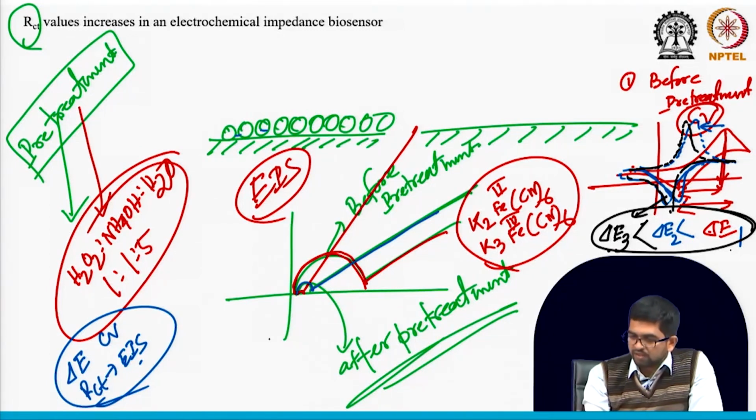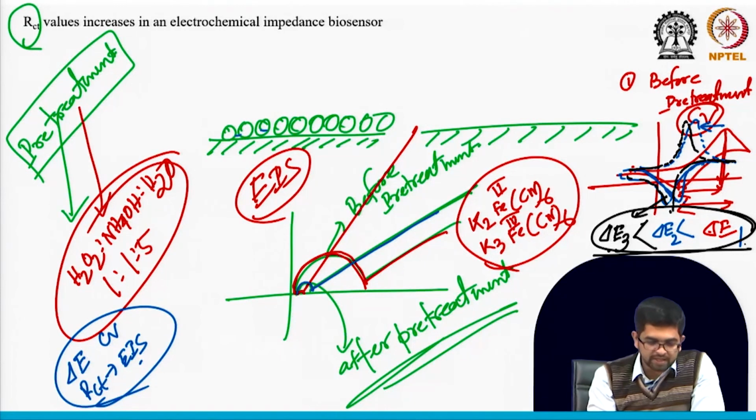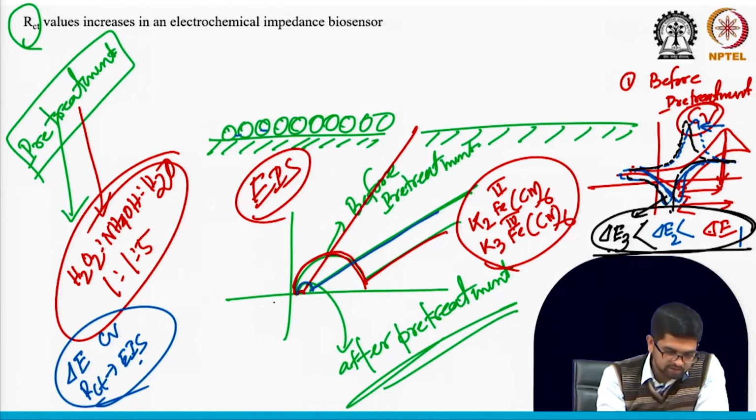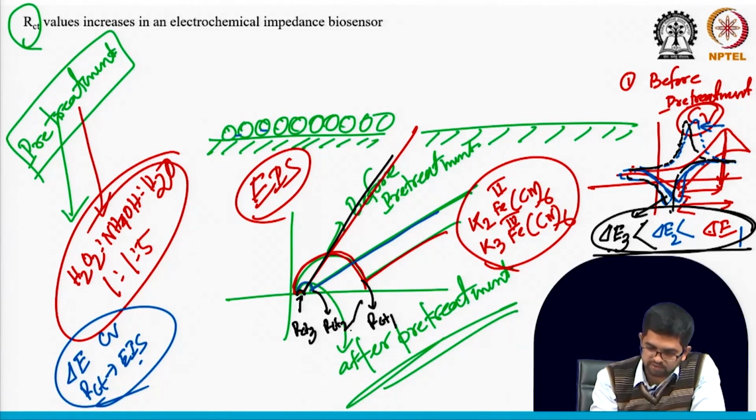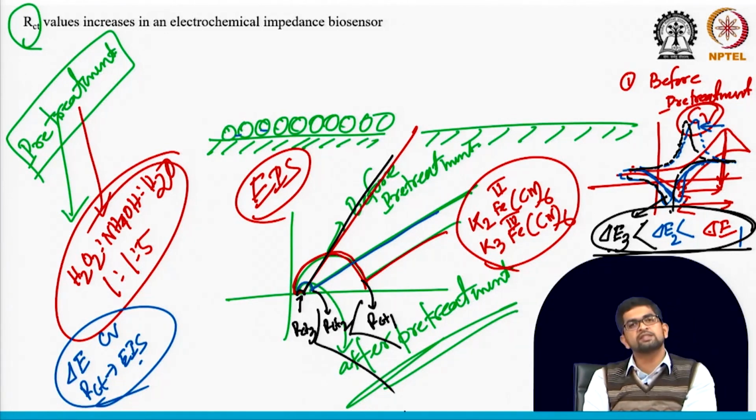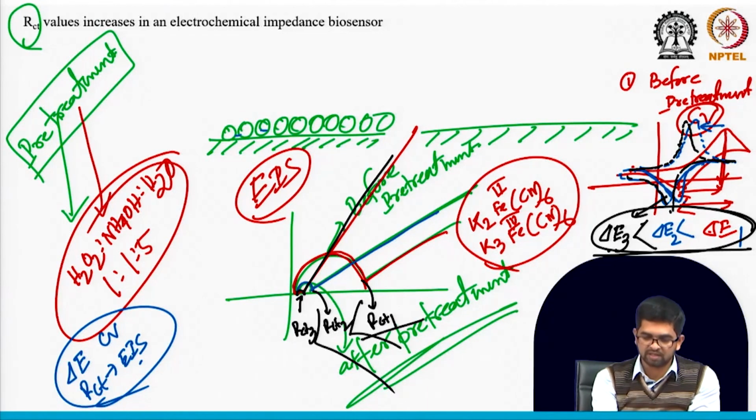So, this is the sequence of the delta E, and you see the RCT value, this is the RCT, right. If you think this is the RCT3, this is the RCT2 and this one is the RCT1. In this case also the sequence will be like this. RCT1 will be higher, then RCT2, then RCT3 will be very low.